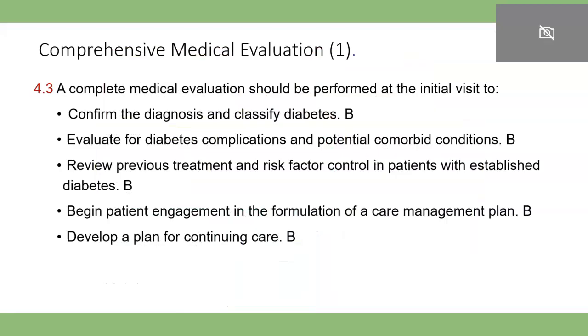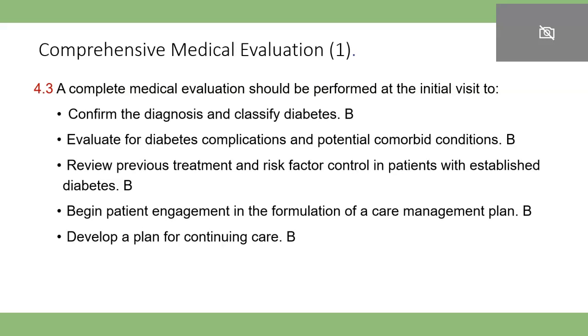So the comprehensive medical evaluation, this is the initial visit. You want to confirm the diagnosis, classify the diabetes. So whether you had a fasting blood sugar before and now you confirmed it, or they had an A1C that falls within that range, you can diagnose them with that. You're always going to evaluate them for complications.